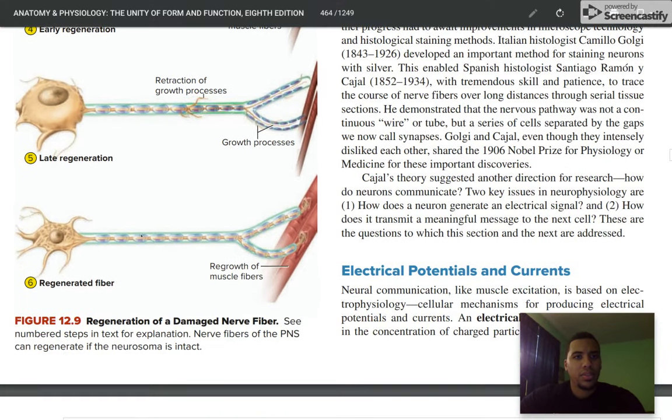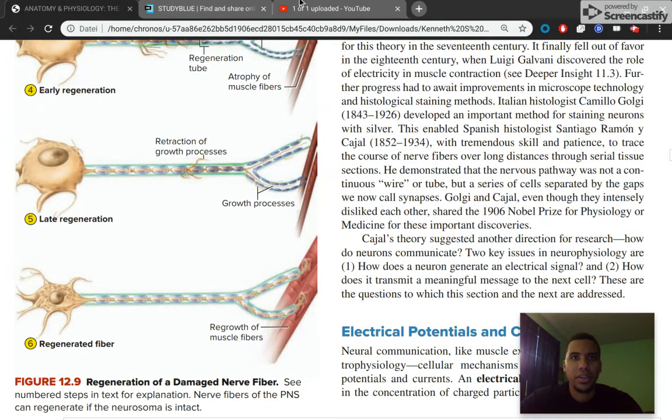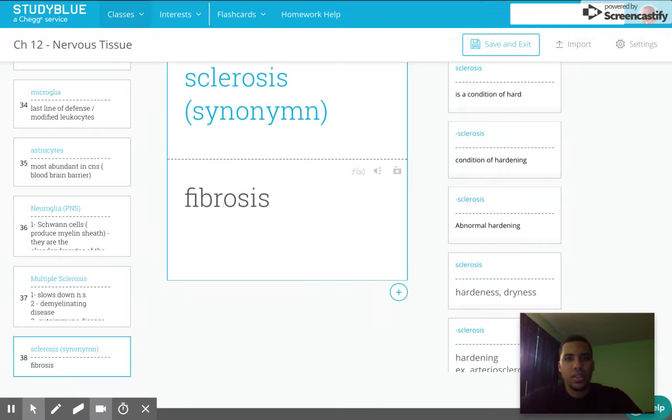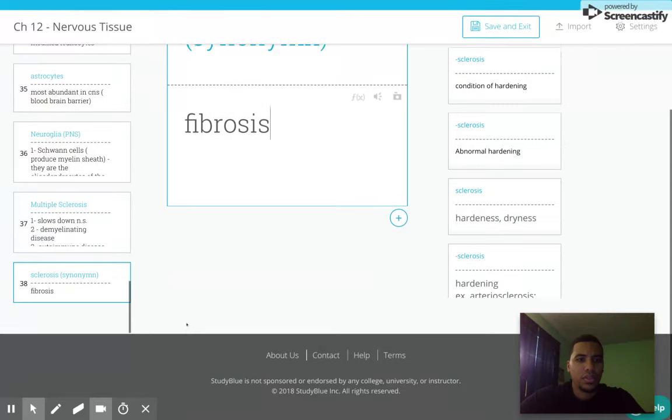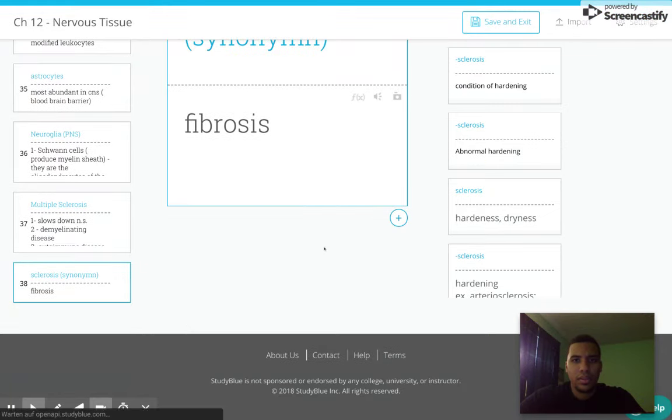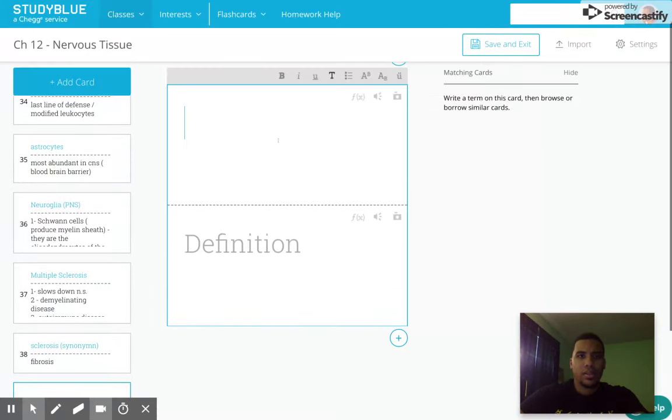Then on step 6, you see the regrowth of the muscle fibers. On step 5, they were shrinking even more, and then step 6, they're not back to normal, but they're getting there. So on your slide, I would just say nerve regeneration process.